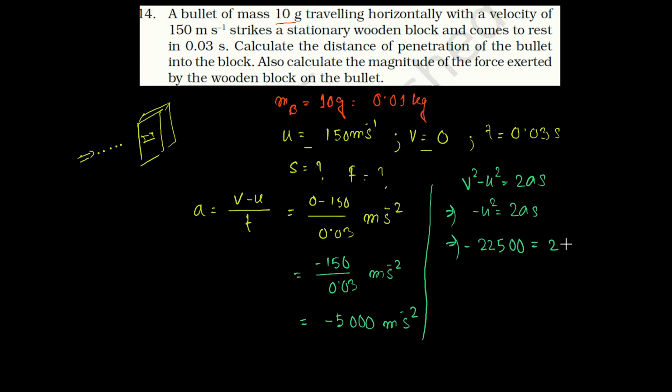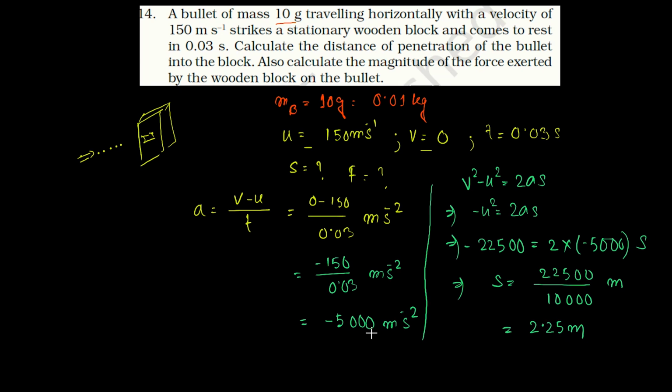The acceleration is 2 into minus of 5,000 into S. The minus sign gets cancelled out. You get S equal to 22500 by 10,000 meter. Solving this, you get 2.25 meter.